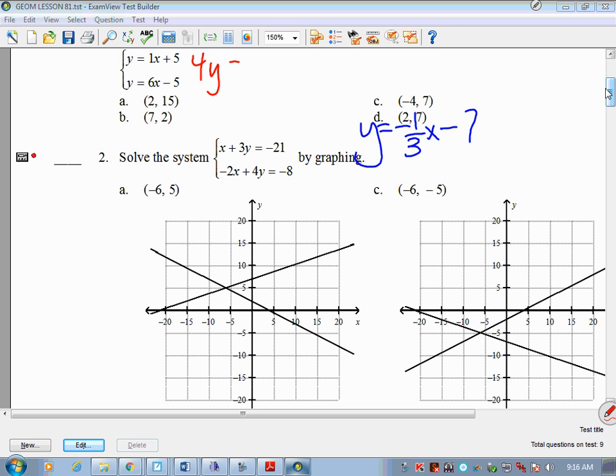So you'd get 4y equals 2x, you'd add 2x, equals minus 8. What would you do next? Divide by 4. All right, so y equals 1/2 x minus 2. Okay, so it's got a y-intercept of negative 2, but it looks like it's got a positive slope, right? So I would plug those two equations in my graphing calculator, and let's see if it looks like C.